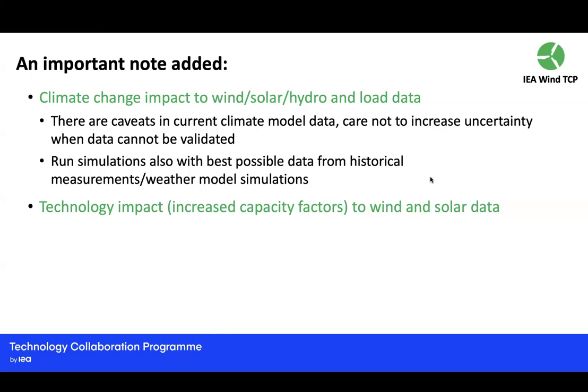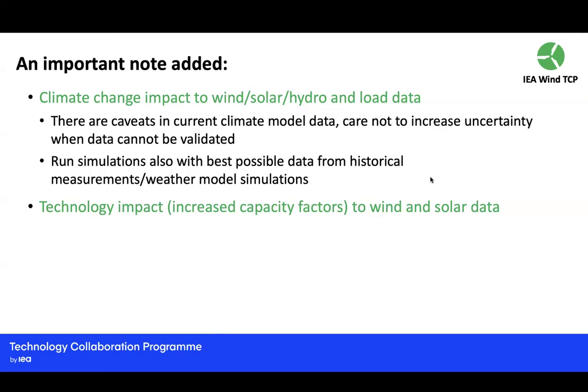Another important note that we want to highlight here is that the technology has improved a lot. The average power coming out of wind power plants used to be between 20 and 30% of installed capacity, and now it's between 30 and 50%, because they use longer blades for the same generator.